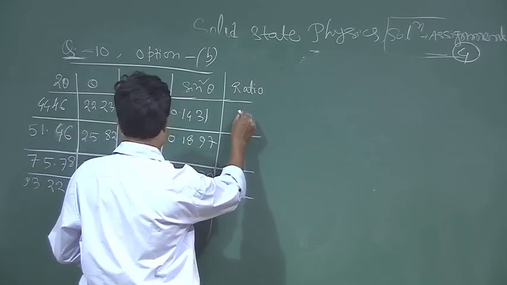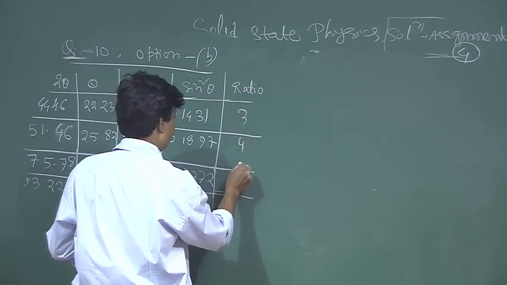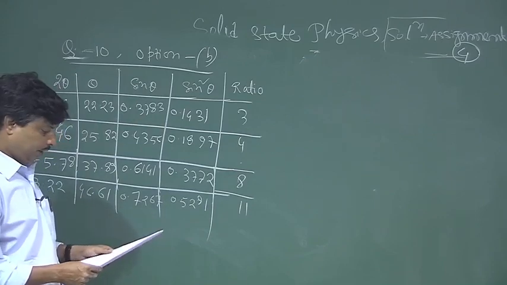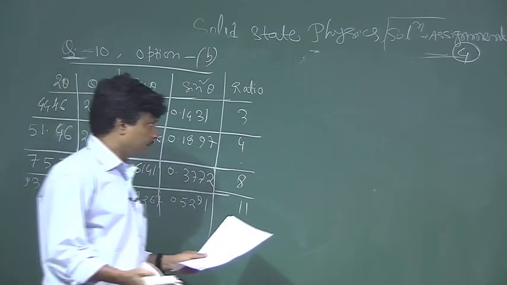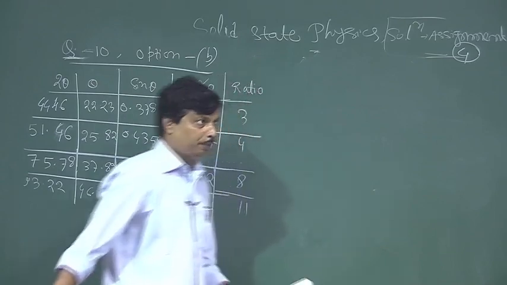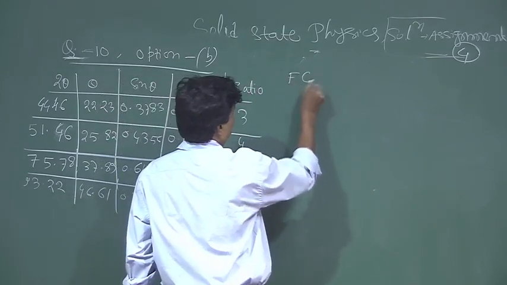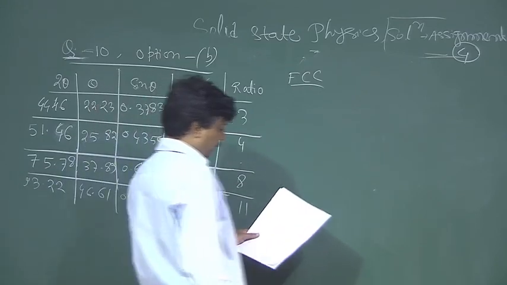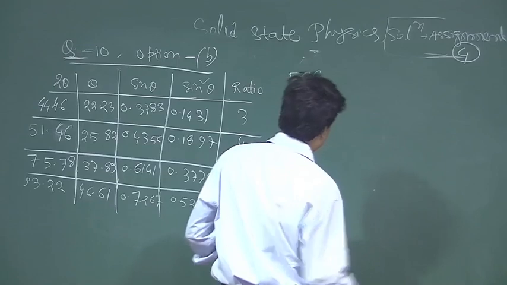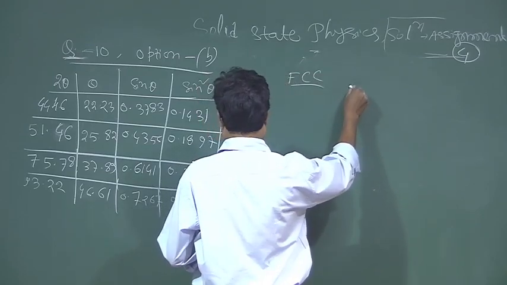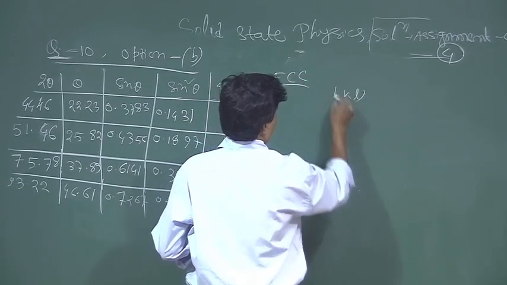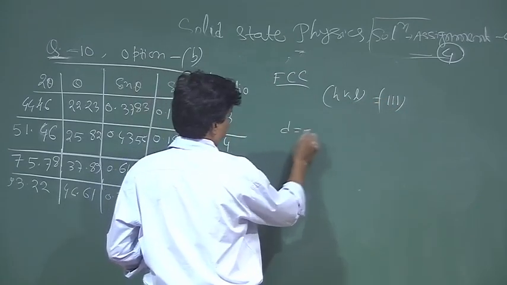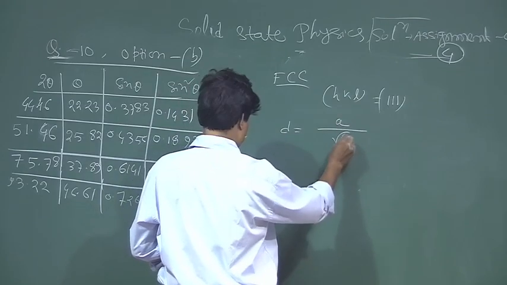If you simplify, the ratio will be 3, 4, 8 and 11. This indicates that the crystal is FCC type. If we see the value of A for the first set of planes, HKL is 1 1 1 for this FCC, we get d equal to a by root 3.